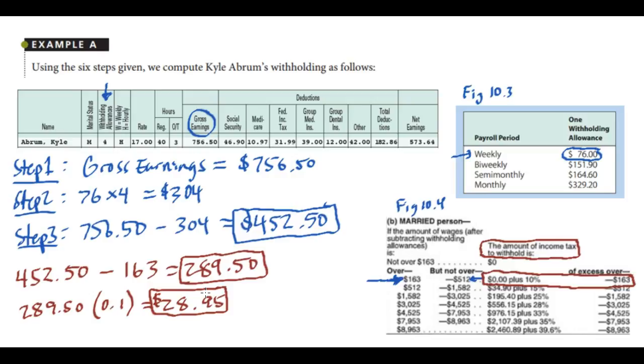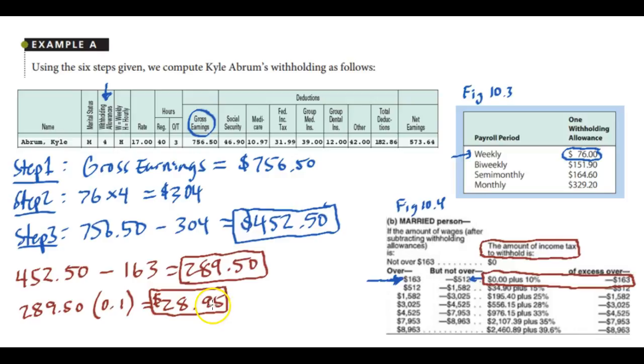You choose your allowances, and you may know that the more allowances you choose, the more money you get back in your paycheck. So this amount, $28.95, is the amount that's subtracted from your paycheck.